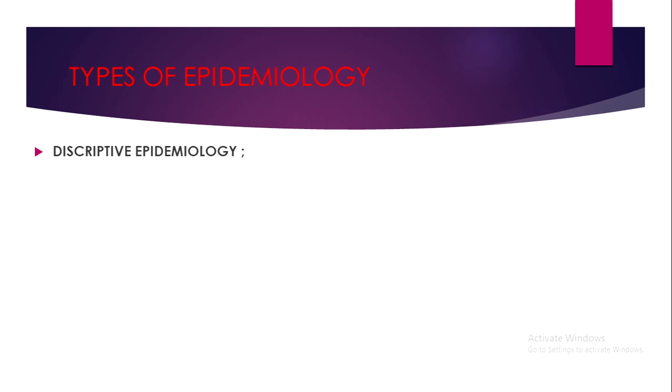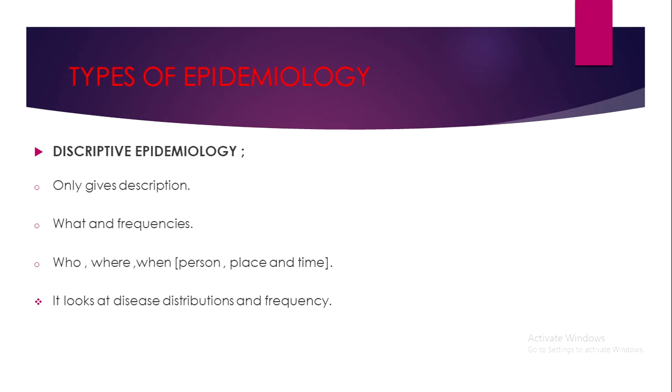Now, types of epidemiology. The first type is descriptive epidemiology. As the name indicates, it will only describe; it will give the frequencies of a disease. For example, who is affected by this disease, where, place, that is, where people are getting affected, and when, time.